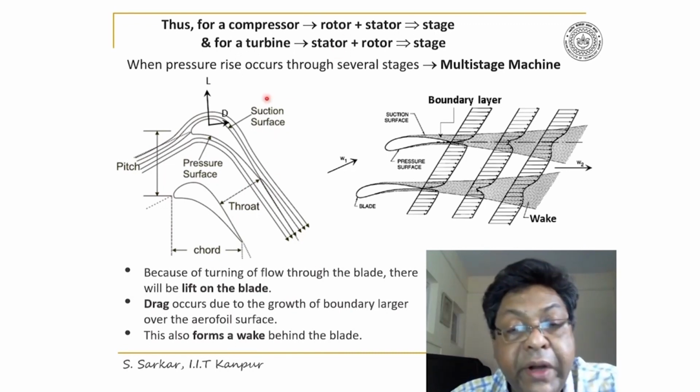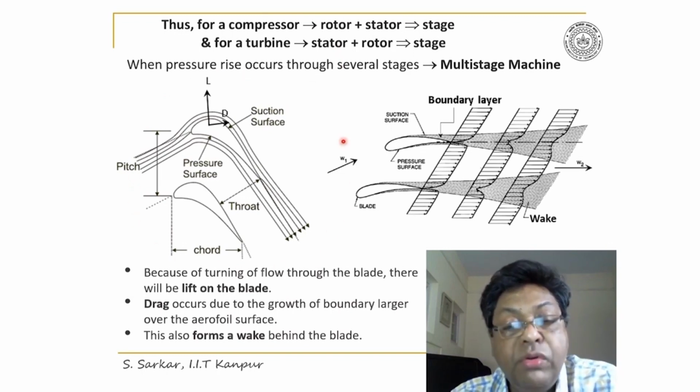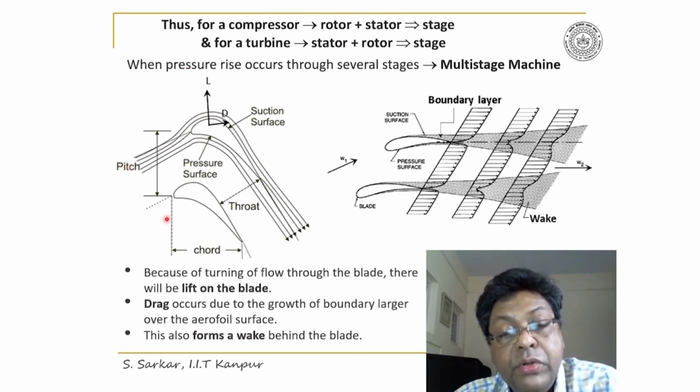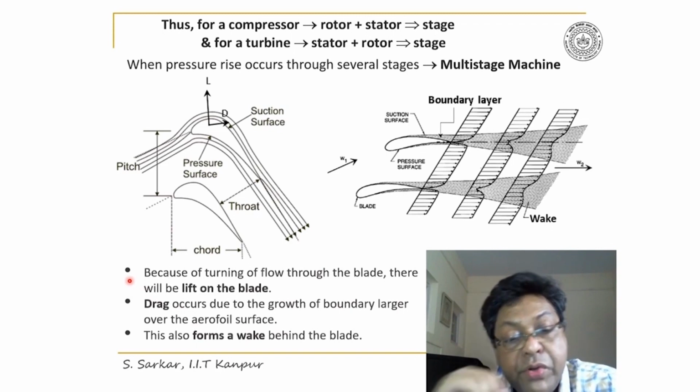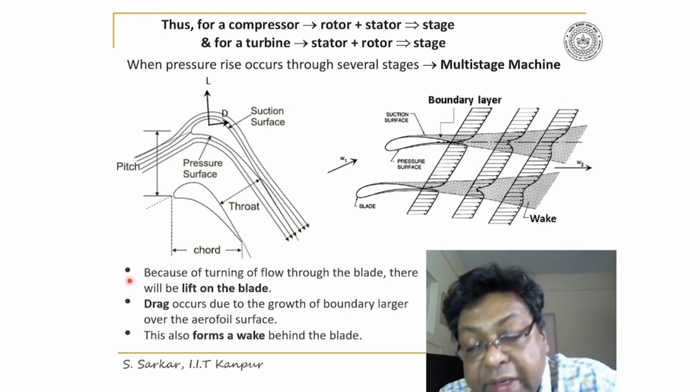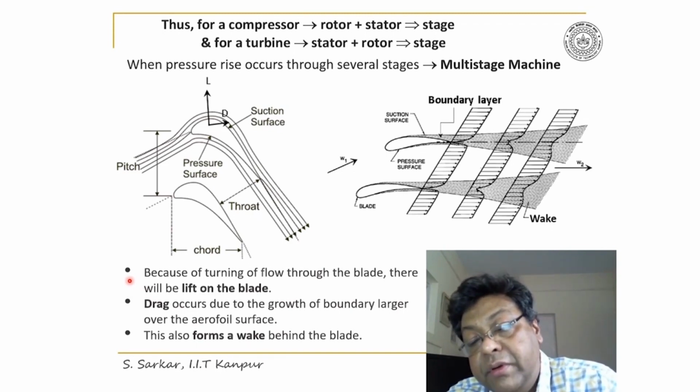Now I have explained how lift develops on the blade surface, and I have written here just to remind you: because of the turning of flow through the blade, there will be lift.